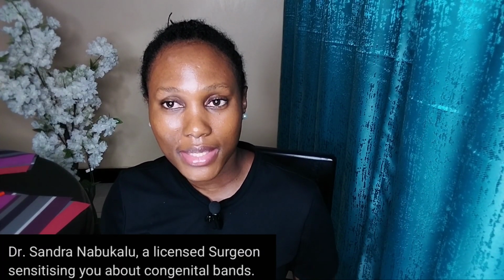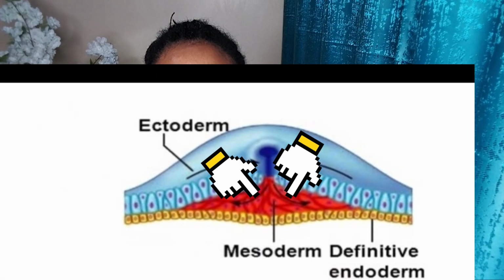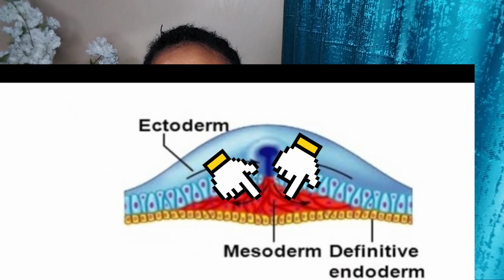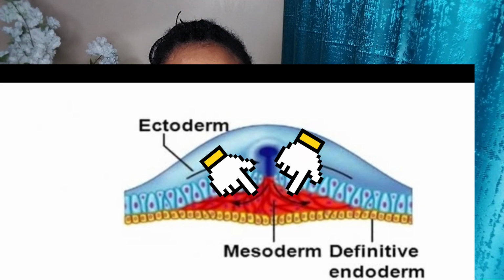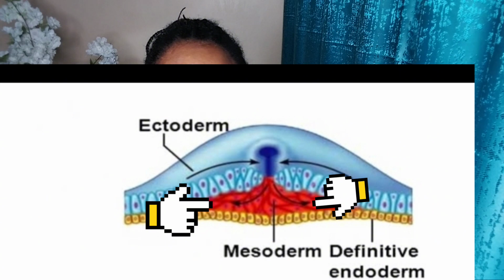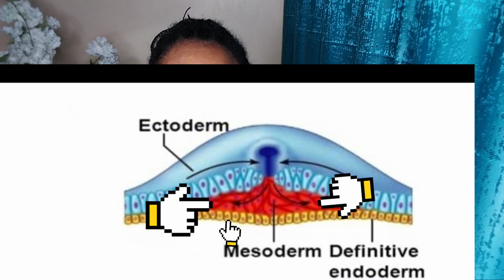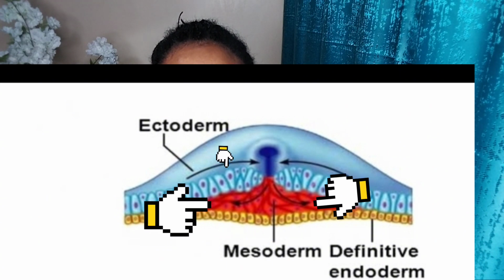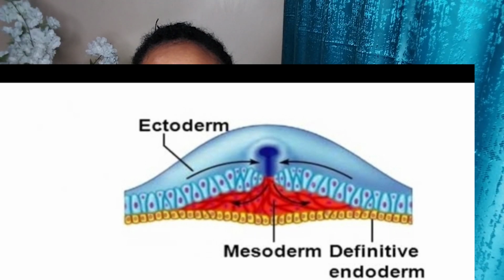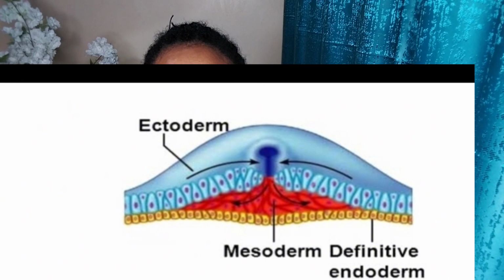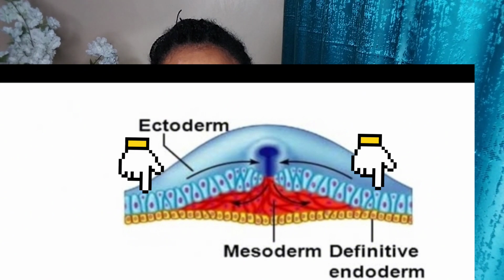After the cell layer that formed the endoderm has migrated, we shall have another cell layer that will migrate from the epiblast through the primitive streak, and this will occupy the place between the endodermal cell layer and the remaining part of the epiblast, and this will form a cell layer called the mesoderm. And so the remaining part of the epiblast will form the cell layer called the ectoderm.